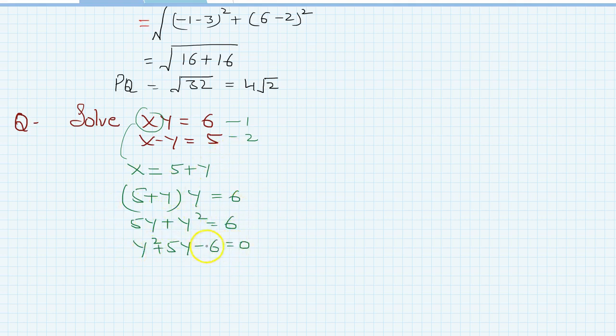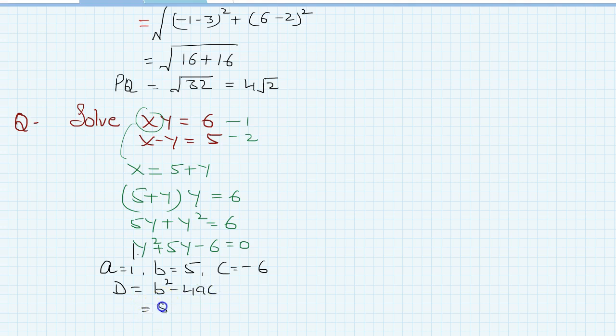Now this is a quadratic equation in y. So what we have here is a is equal to 1, b is equal to 5, c is equal to -6, and d is equal to b square minus 4ac.